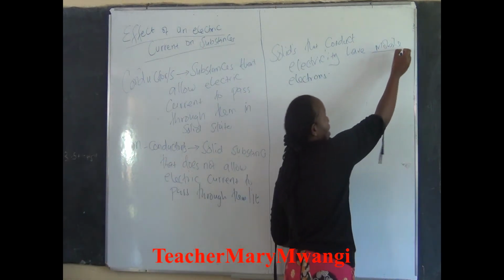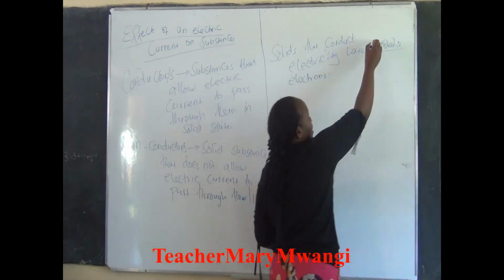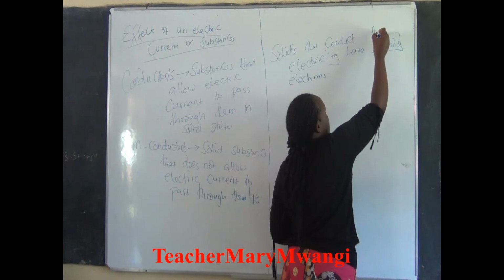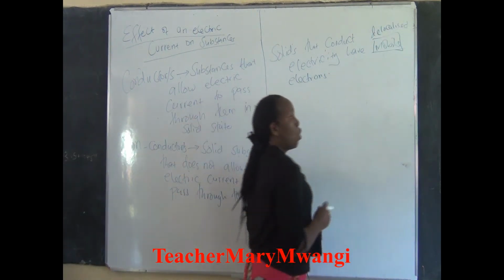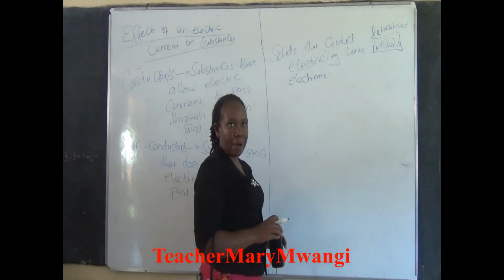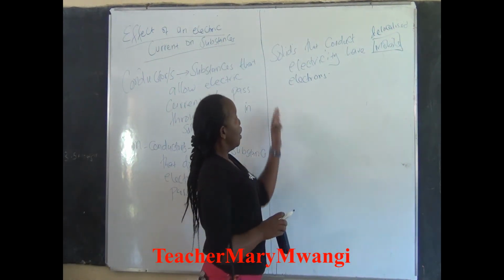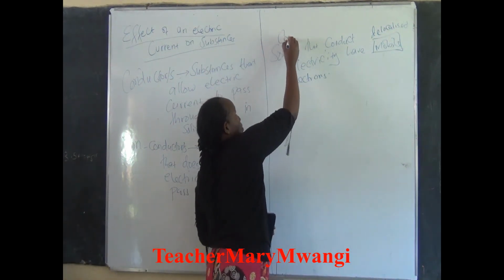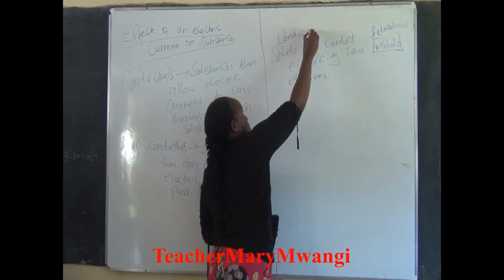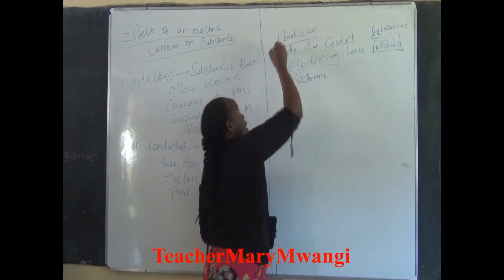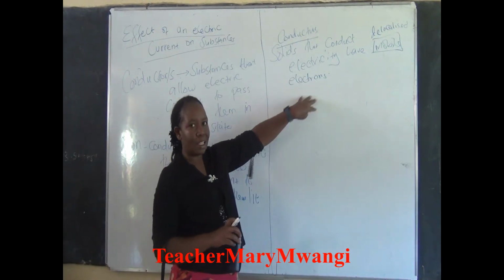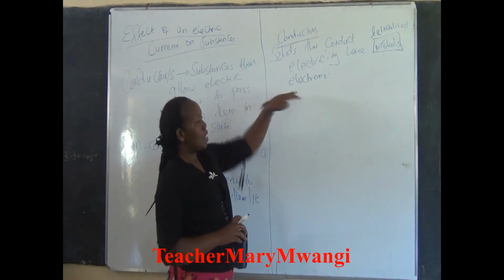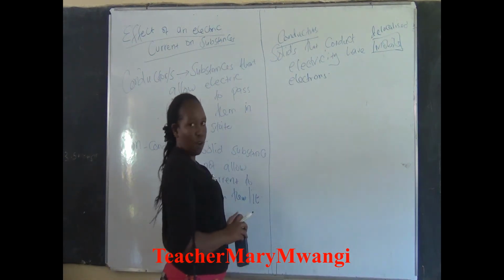Instead of saying that they are mobile, we say that they are delocalized. We talk of electrons that are delocalized. So in conductors, we have got delocalized electrons, which are absent in non-conductors.